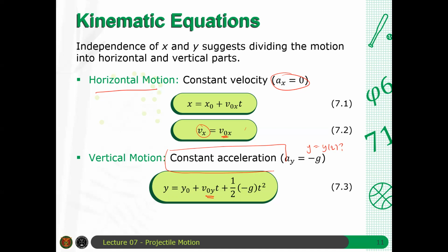What about the velocity as a function of time? Constant din ba yung velocity as a function of time? Hindi constant ang velocity mo dyan. It changes because you have acceleration, which is negative g. Tama? Gets? Okay, I hope we get it.